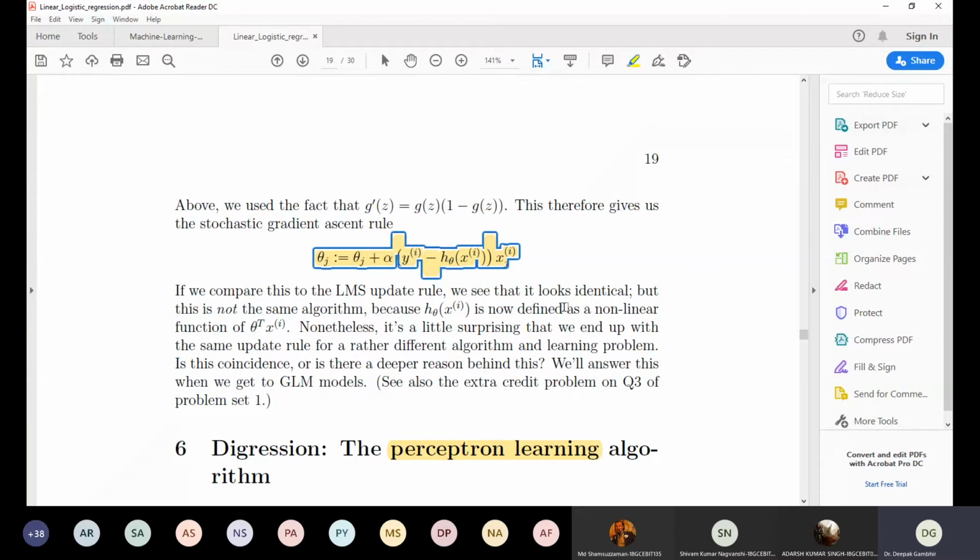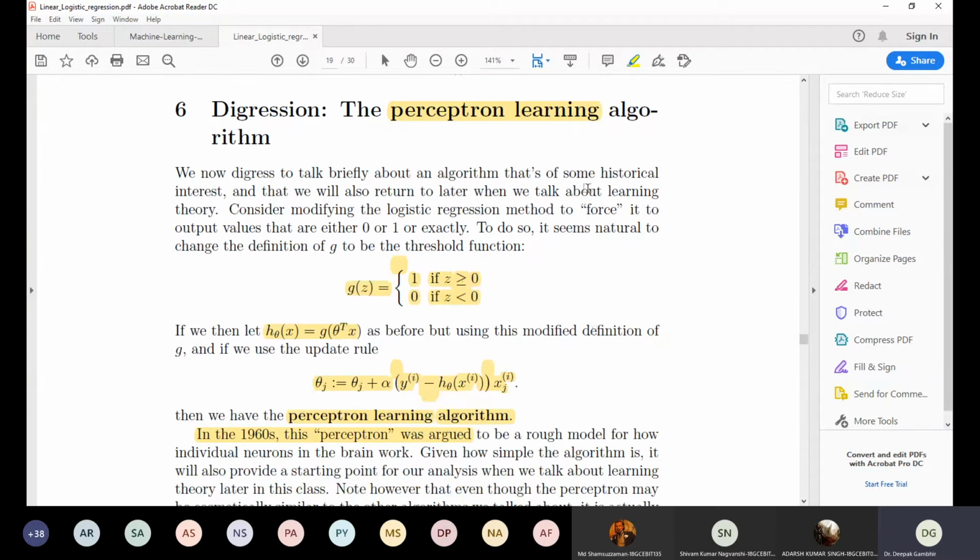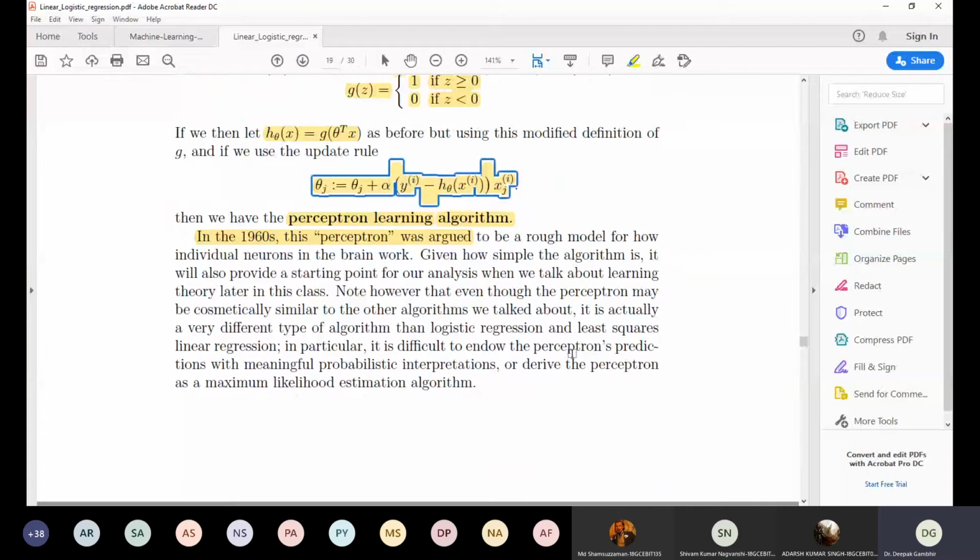The only simple change is this, nothing else. Whereas in the case of perceptron, this is the true binary class, it is either 0 or 1, the same updation rule.